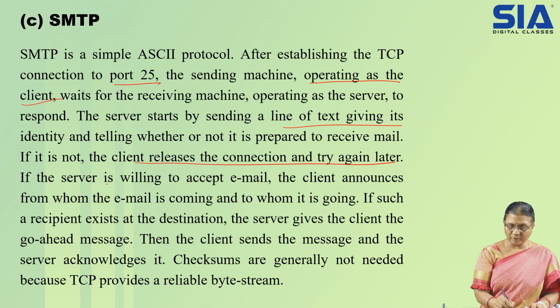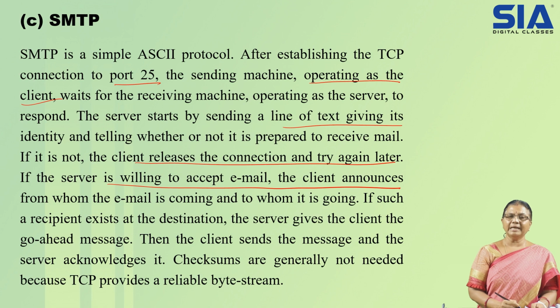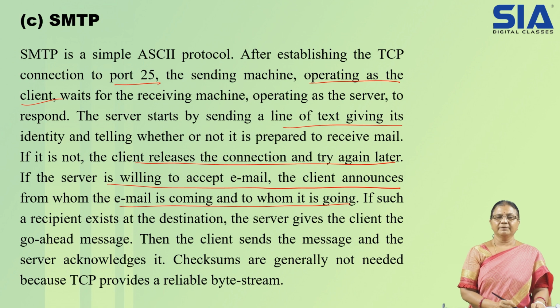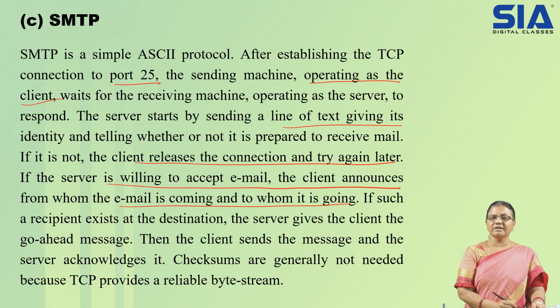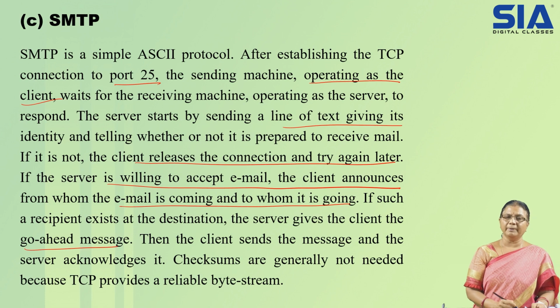If the server is willing to accept, then the client announces from whom the mail is coming and to whom it is going. This information will be given. If such a recipient exists at the destination, the server gives the client a go-ahead message. Then the client sends the message and the server acknowledges it.